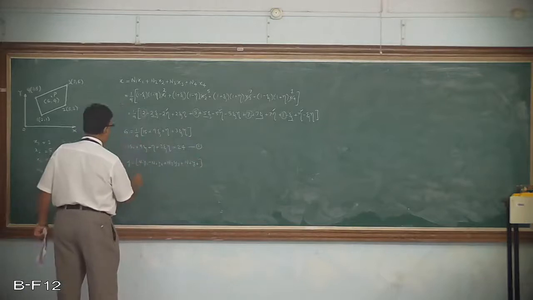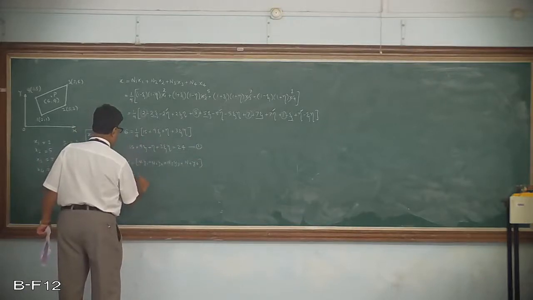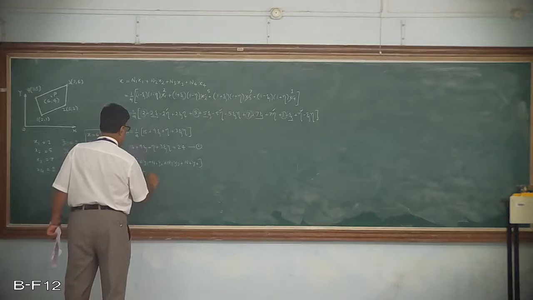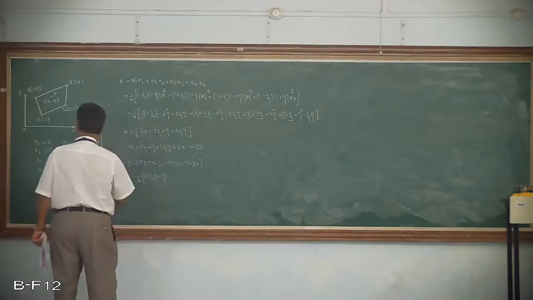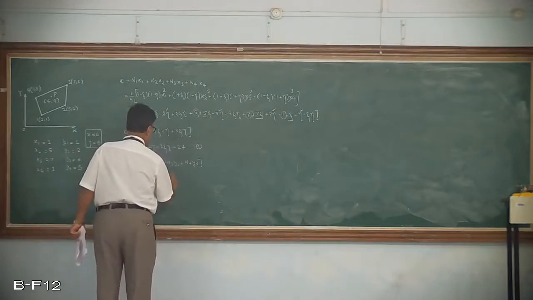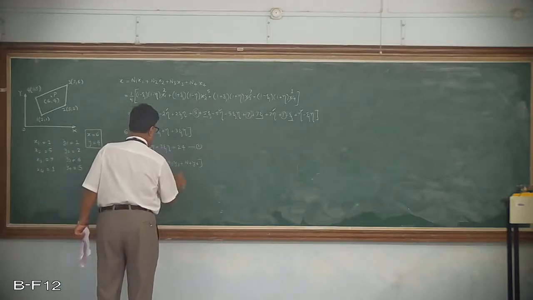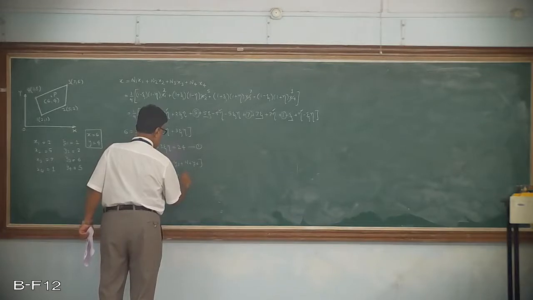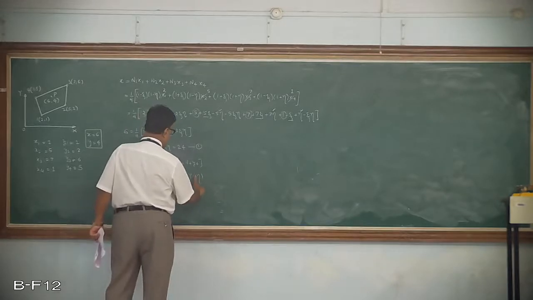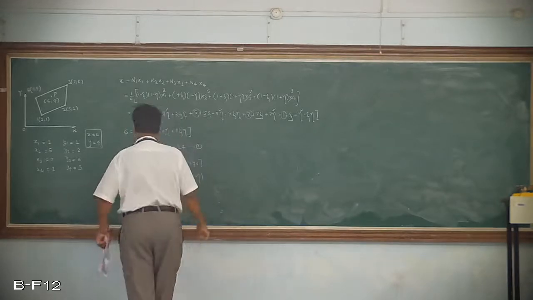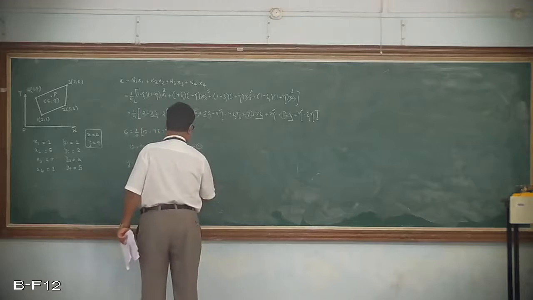In the same manner you write it, that is 1 by 4, (1 minus zeta)(1 minus eta) y1. y1 is 1 here, I will substitute that 1 here, plus (1 minus zeta)(1 plus eta), okay, this is 1 minus eta, right, that is equal to y2, that is 2.